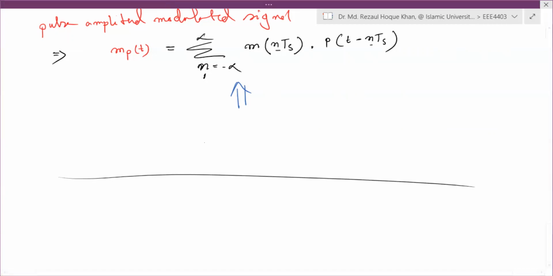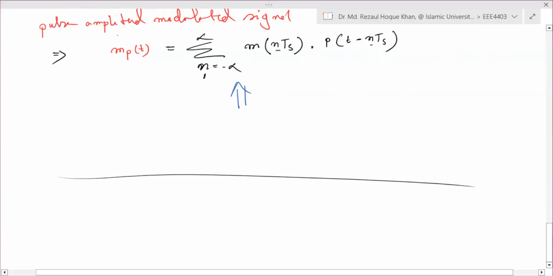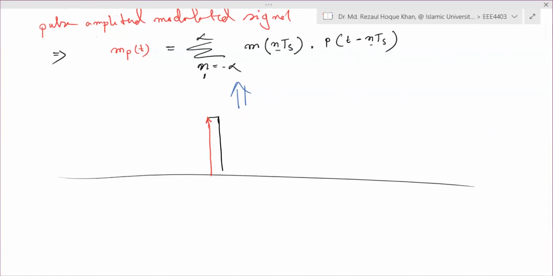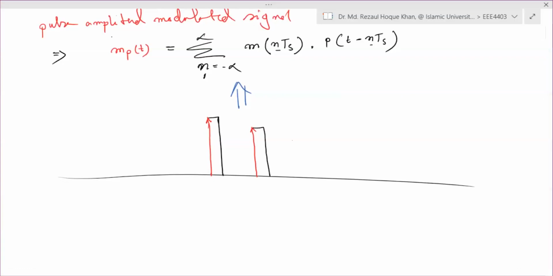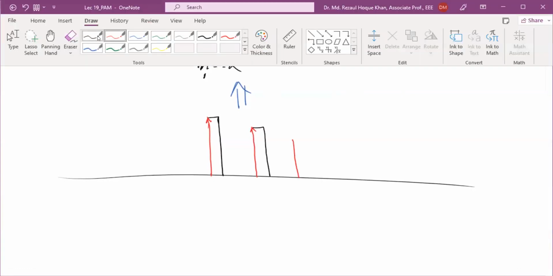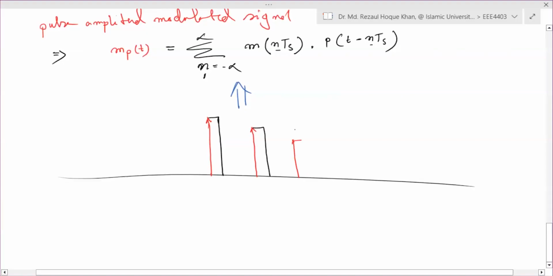It can be represented as an impulse convolved with a pulse, an impulse convolved with a pulse, an impulse convolved with a pulse.